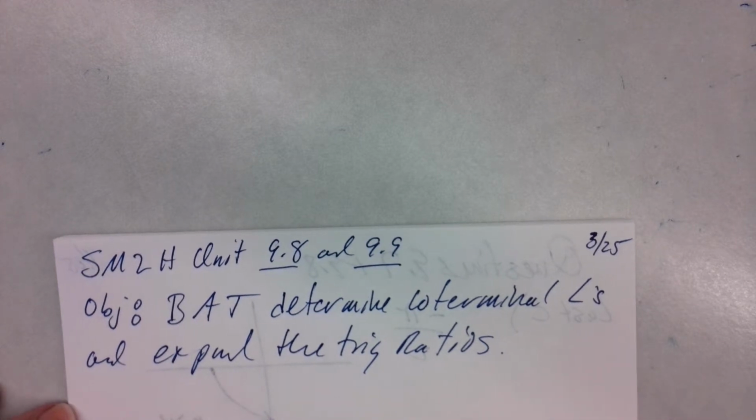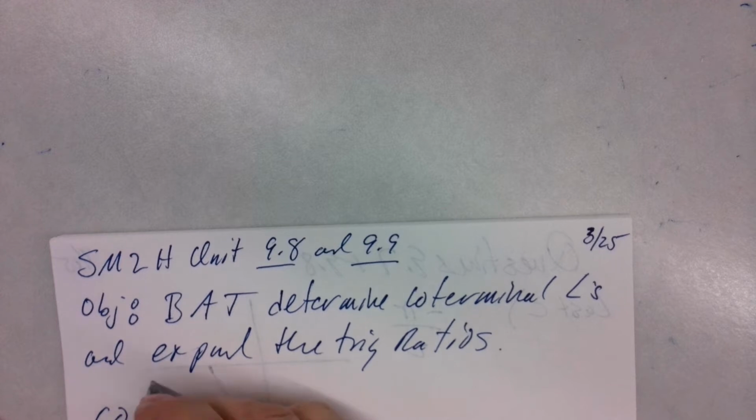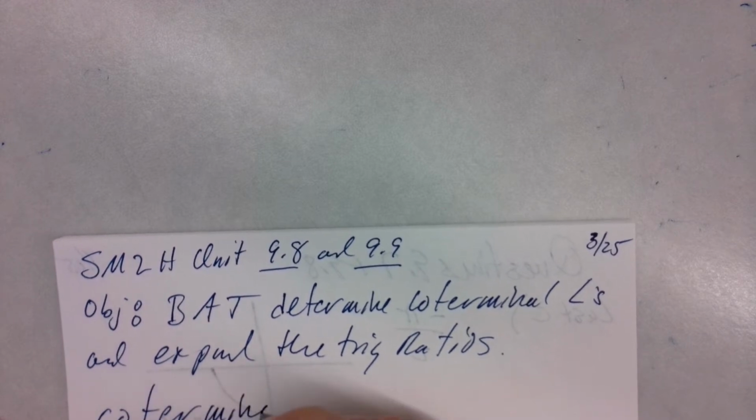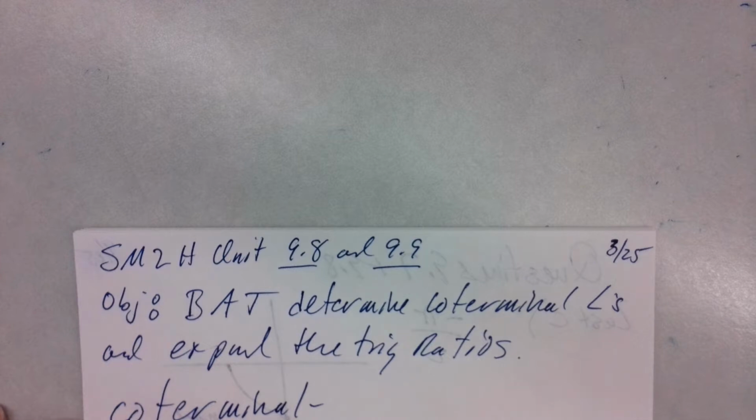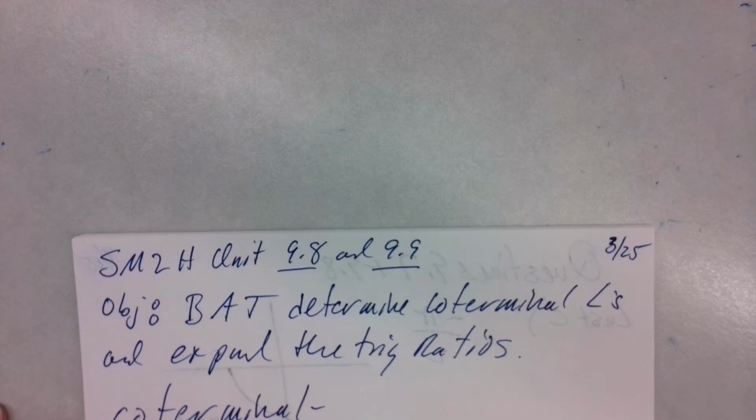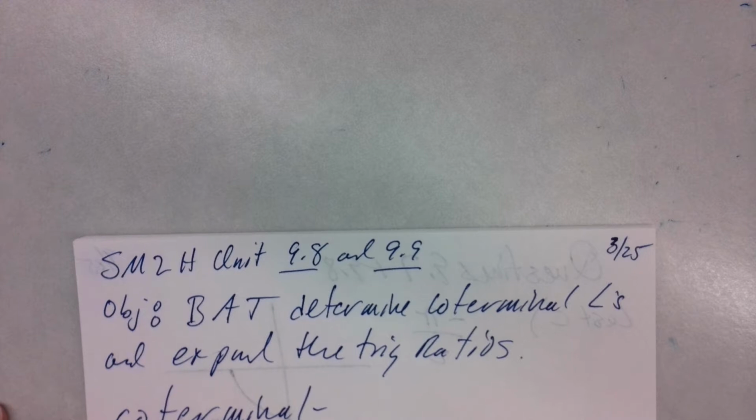Okay, now, who can tell me what it means to be coterminal? Anybody? Well, look at the word. What goes together. Terminals in the airport. Okay. So, I mean, she's got a point.